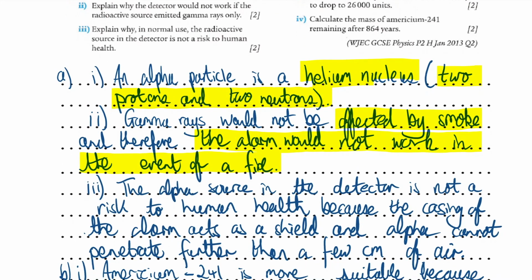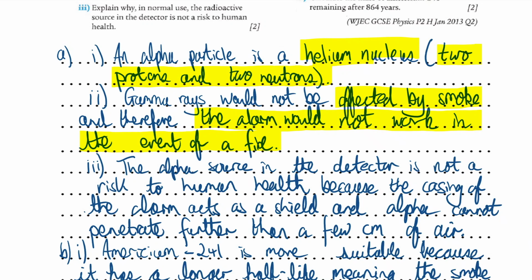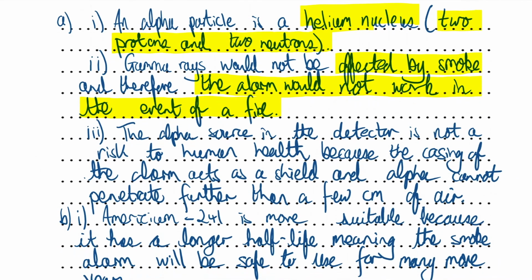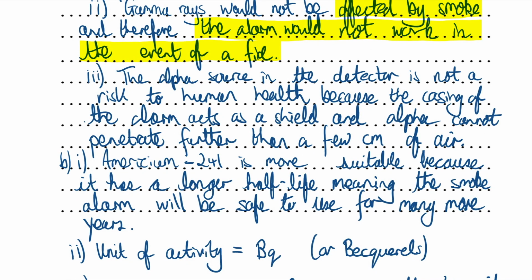Question 3. Explain why, in normal use, the radioactive source in the detector is not a risk to human health. Remember, alpha sources are not dangerous outside the body because they can't penetrate through the skin and affect cells in the body.